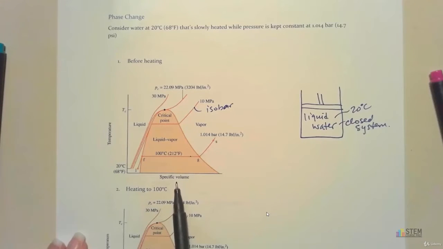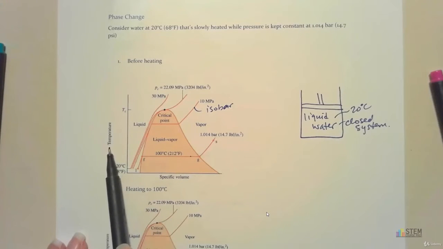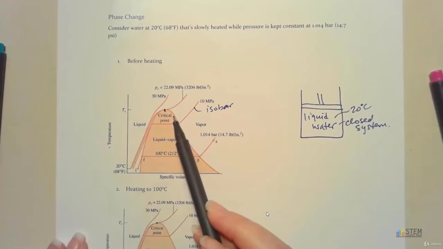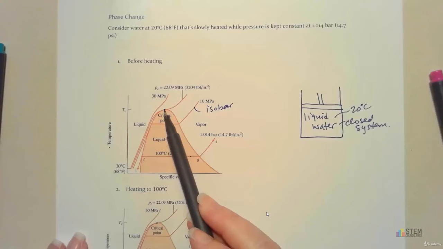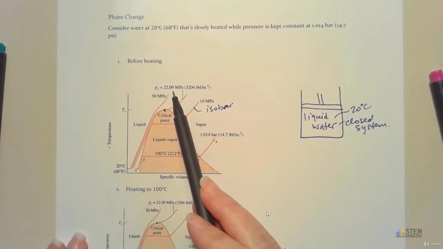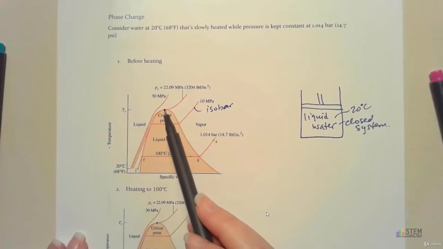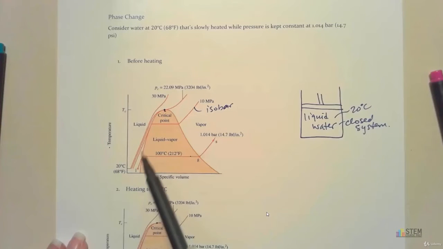Notice this is specific volume, this is temperature. We've got this critical point right here, and the pressure at this point is 22.09 megapascals. Remember, that is the highest pressure where you can have the saturated liquid and saturated vapor at the same time. We talked about that before in the last video.